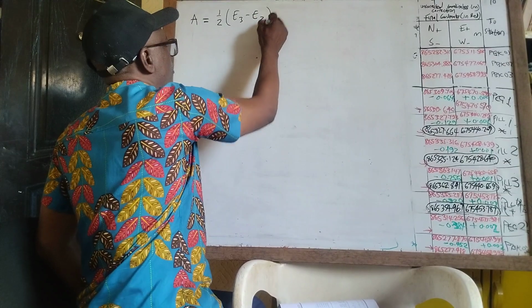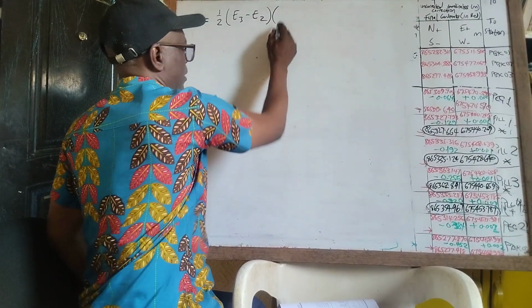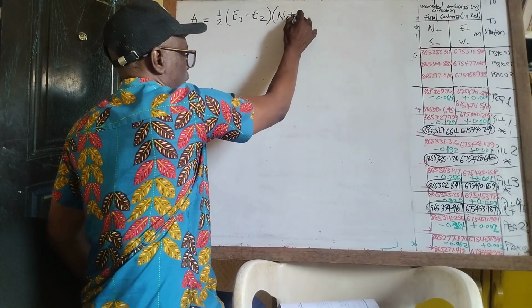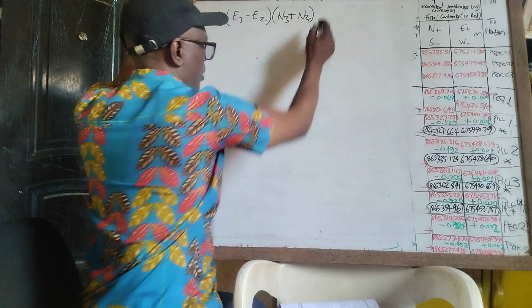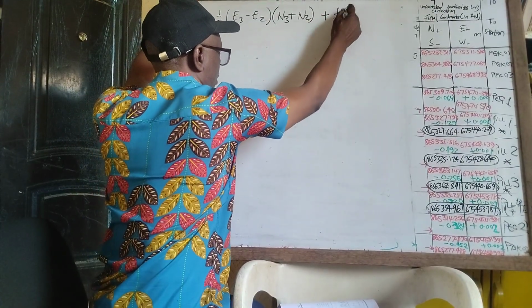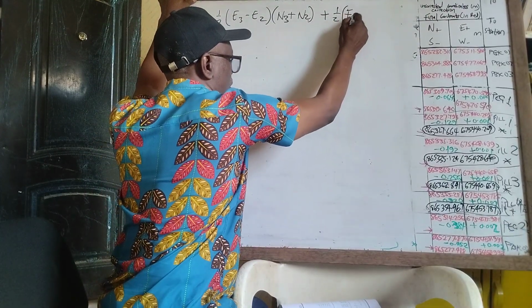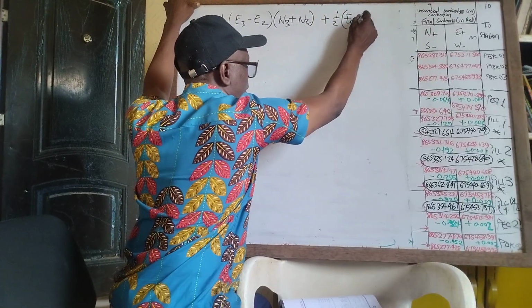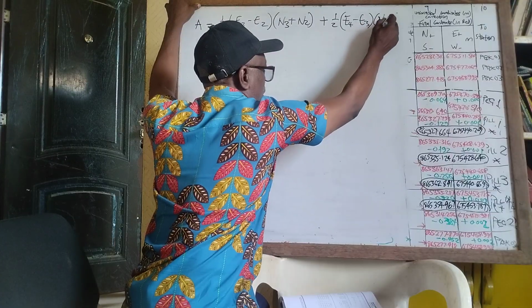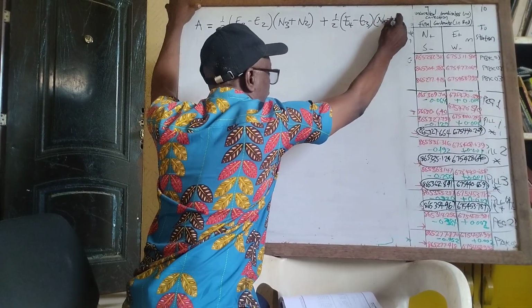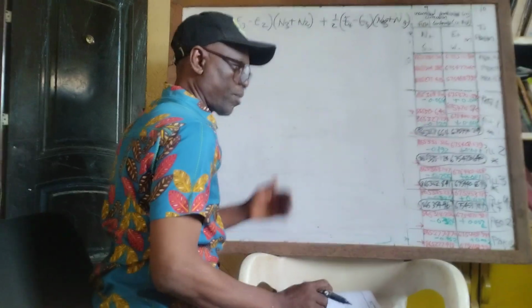Then multiply by N3 plus N2. Right? That plus half of E4 minus E3 into N4, N3 plus N4.